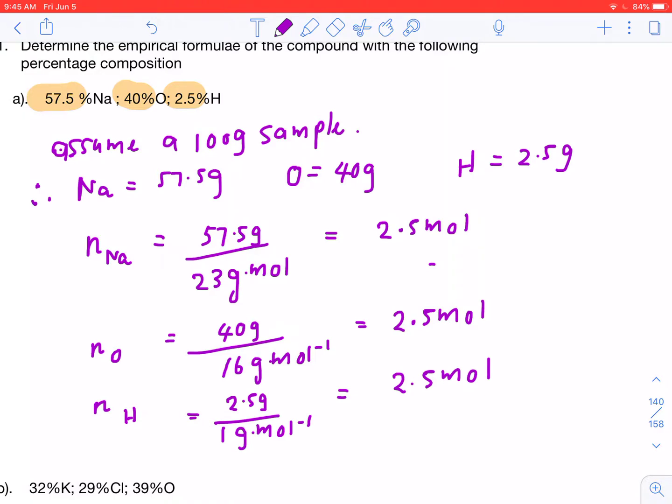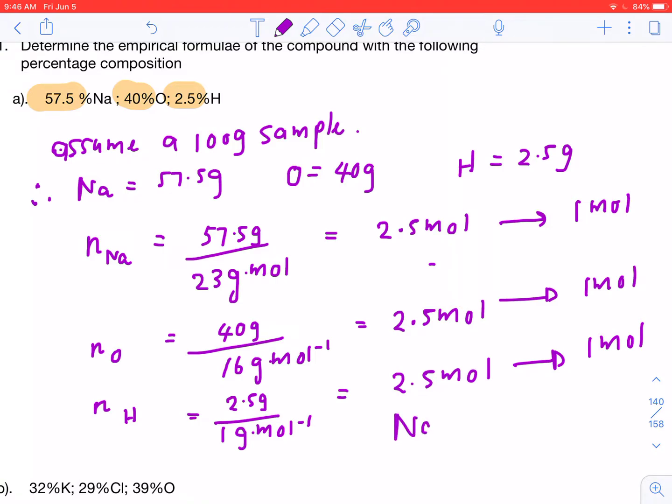And we know if we divide all of these by 2.5, then what do we get here? Here we would get 1 mole. There we would get 1 mole. And here we would get 1 mole. Each one 1 mole. So what would the formula be?